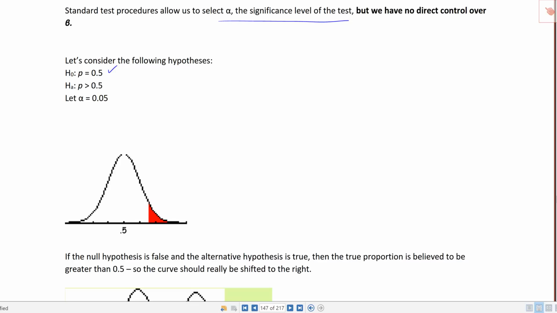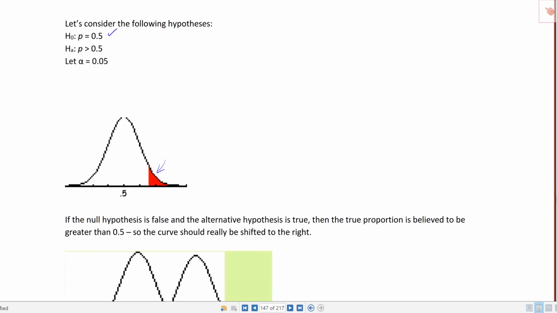So if this is the null hypothesis, that is the top end tail of the null hypothesis. And we're going to let alpha be 0.05. Okay, so this would represent this 0.05 for us right here.